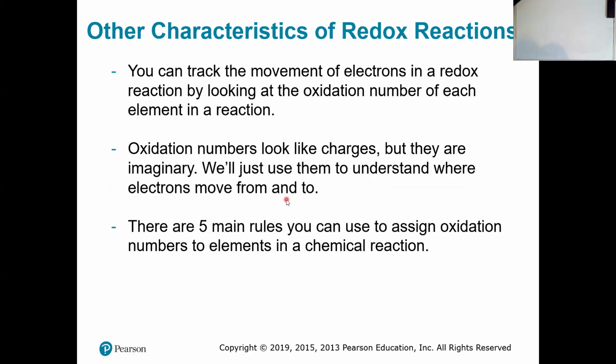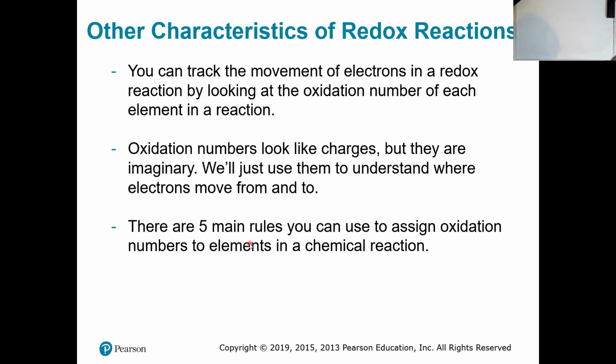We can also use what are called oxidation numbers to help us figure out where the electrons have gone in a reaction. Oxidation numbers look exactly like charges, but they're imaginary values. We're just going to use them as bookkeeping to understand where our electrons have gone to.